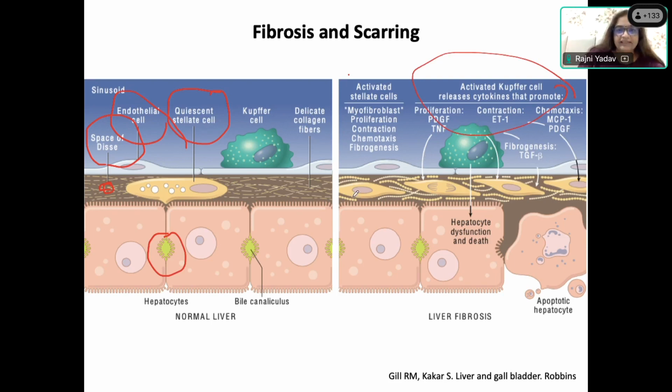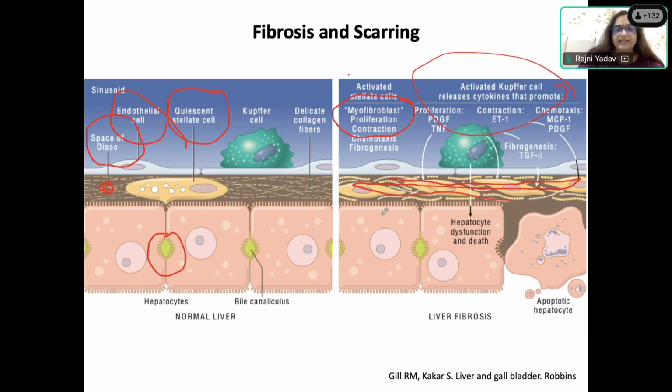The stellate cells then become activated and take on a myofibroblastic configuration. They have turned into myofibroblasts, and subsequently TGF beta is produced and collagen is laid down in this space. So fibrosis actually starts from this area.